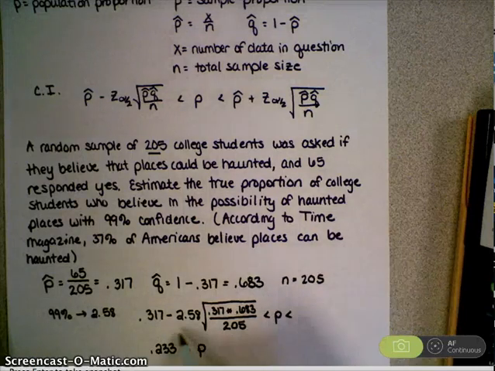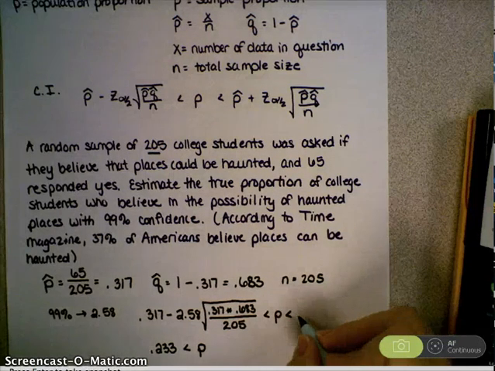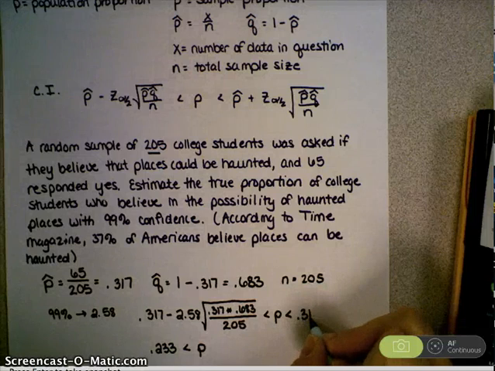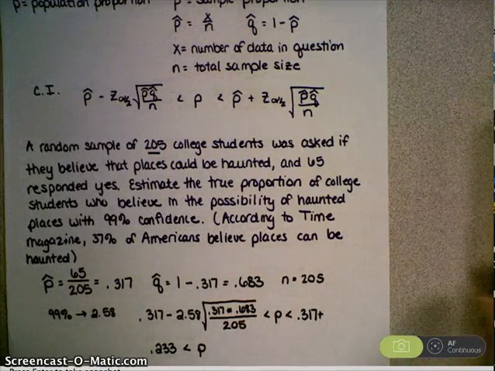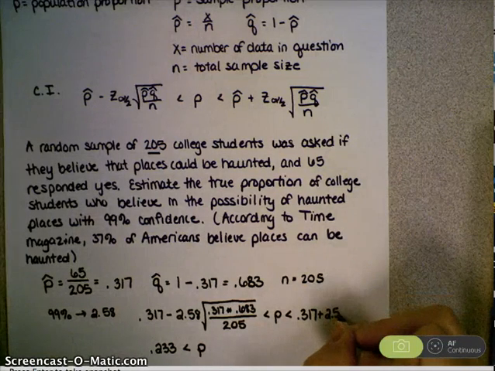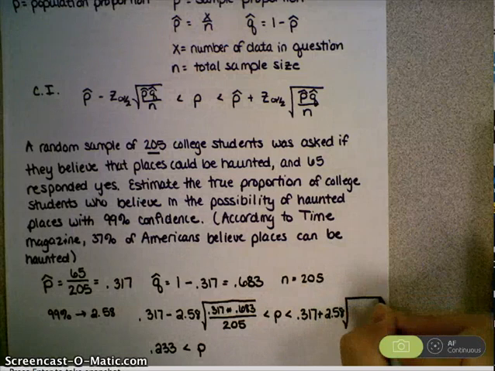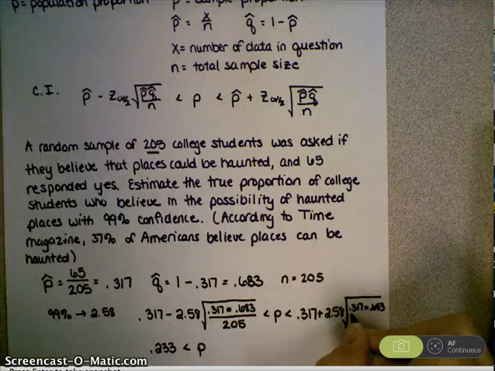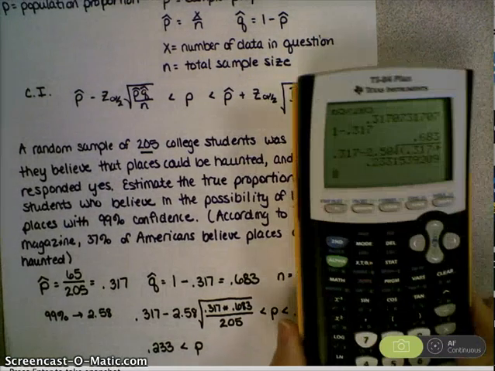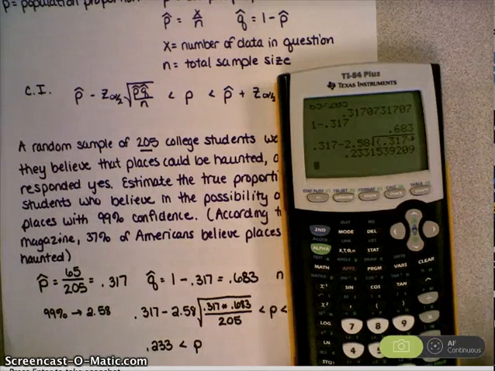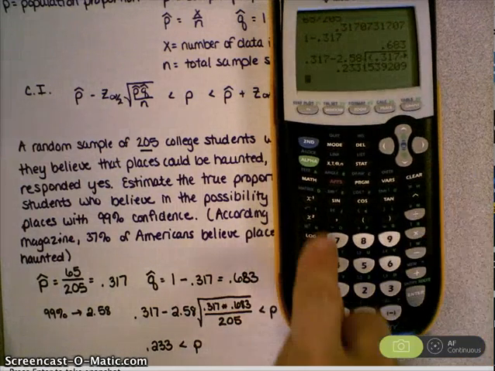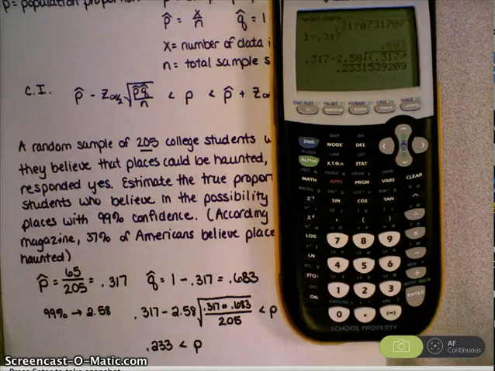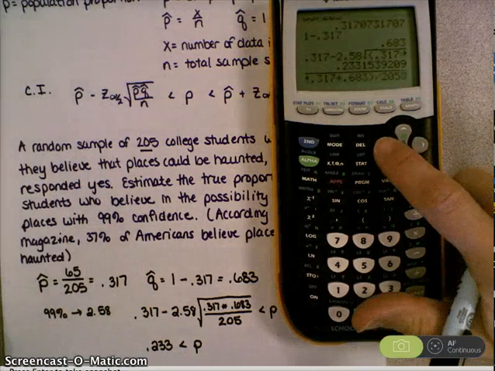The upper end would be the exact same thing, but with addition. The nice thing about the graphing calculator is if I choose second and enter, that pops up what I typed in before.